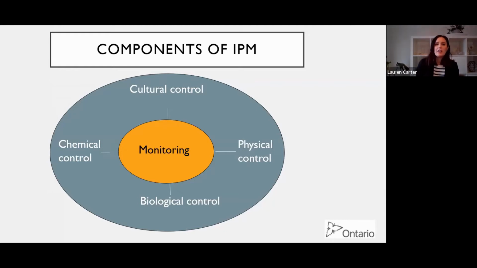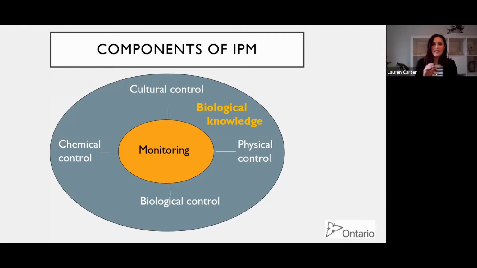So I'm sure you've all seen the basic components of IPM. So we've got things like cultural control, biological control, physical or mechanical control, it's sometimes called, and chemical control. But the keystone of this is really monitoring. And I think sometimes what's forgotten in this explanation is where biological knowledge fits in.